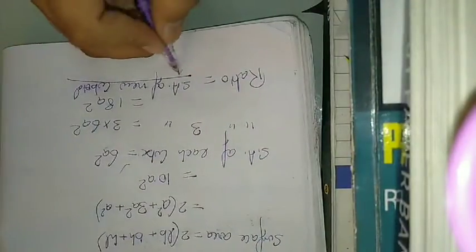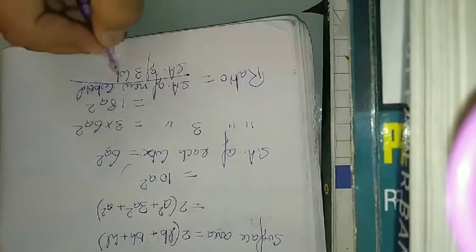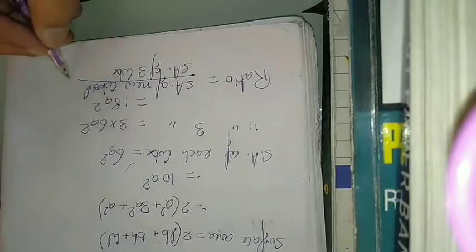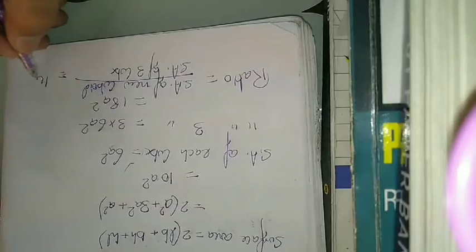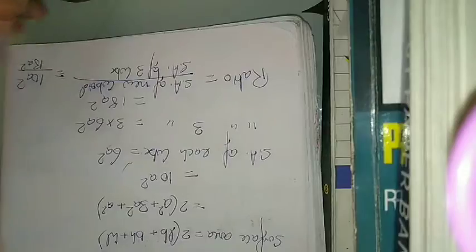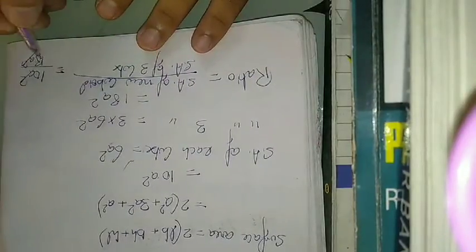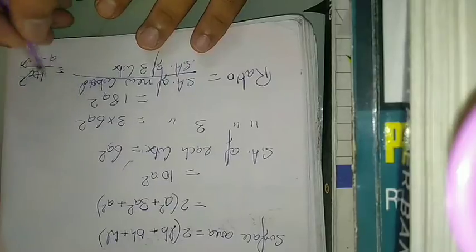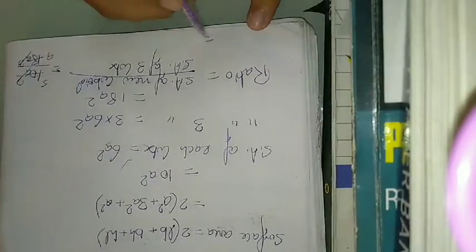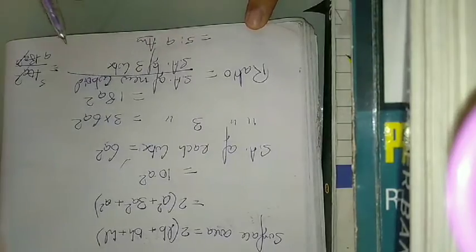So the ratio is equal to surface area of the new cuboid by surface area of 3 cubes. So surface area of the new cuboid is equal to 10a square, and the sum is 18a square. So a square is cancelled, 2 9s are 18, 5. So the ratio is equal to 5:9, students. That is the answer.